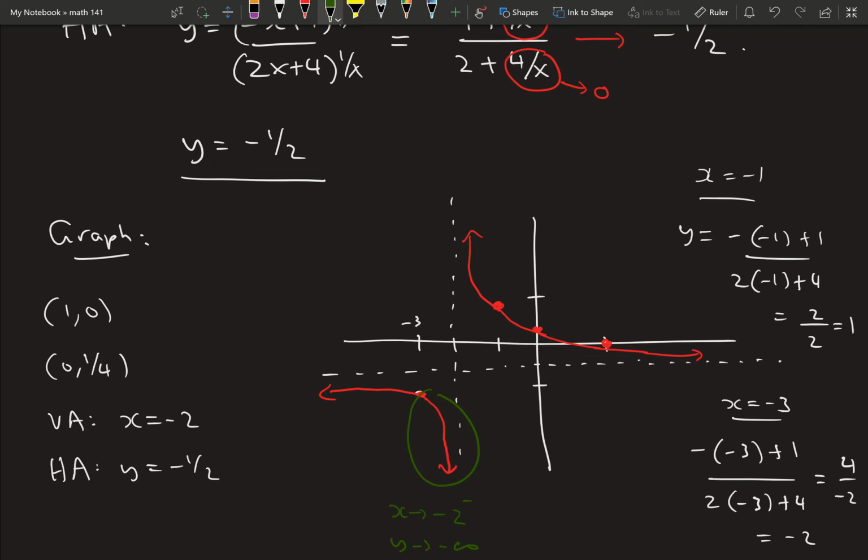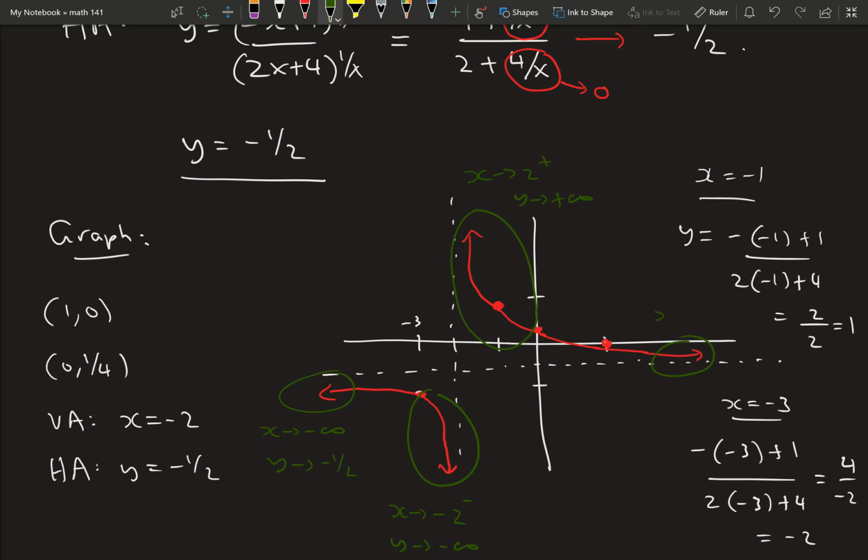And this piece here analogously says as x goes to -2 from the right, y goes to +infinity. That's the vertical asymptote portion. This portion says as x goes to -infinity, y goes to the horizontal asymptote, which is -1/2.